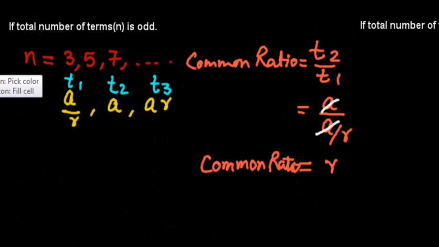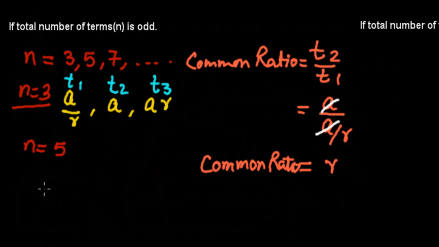We see here, the n is equal to 3 here, and here the n is equal to 5. What will happen? We have to divide t1 by the common ratio and multiply t3 by the common ratio. We will get the fifth term, and here we will get the first term.